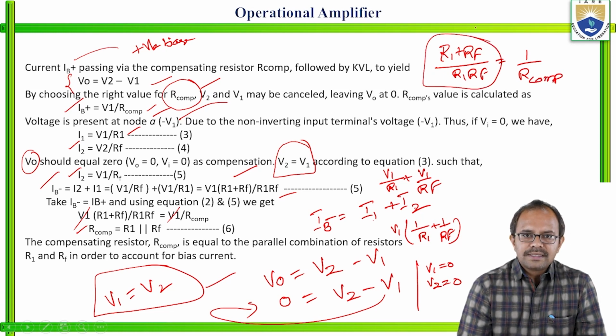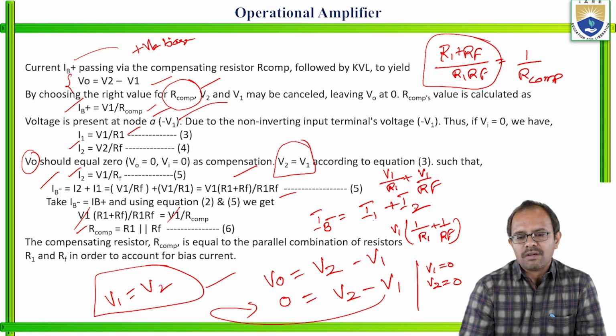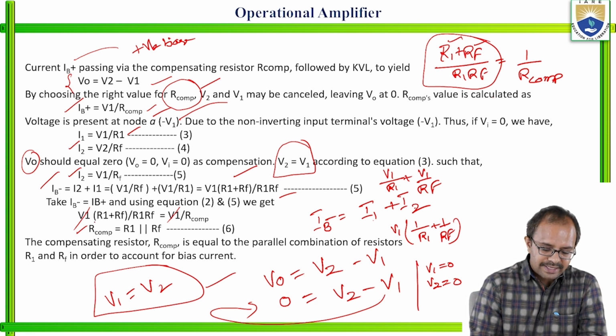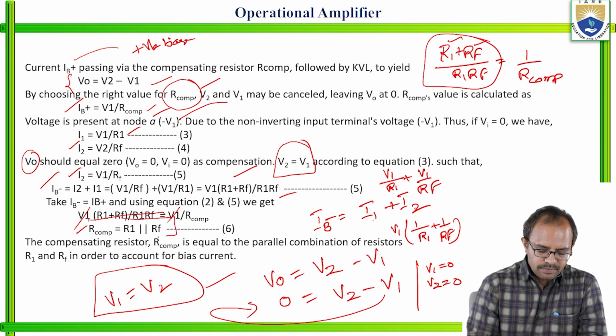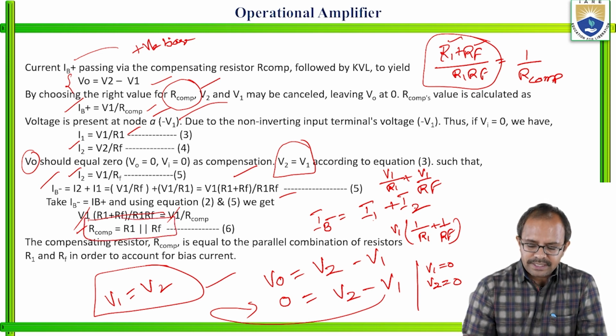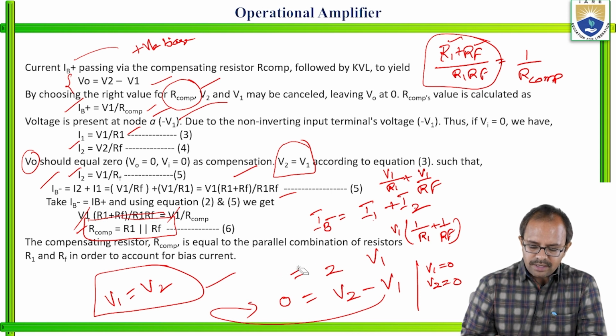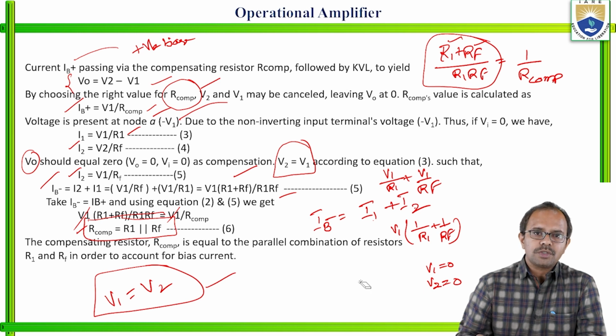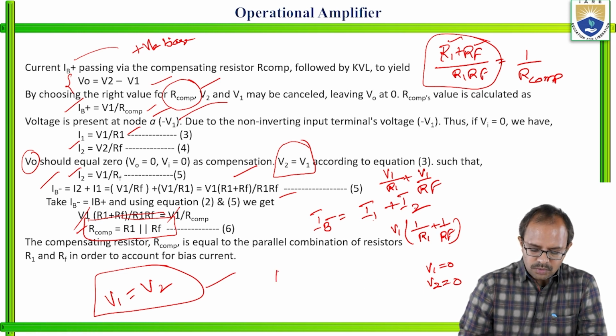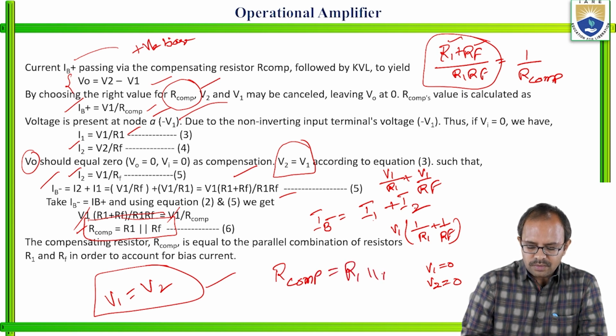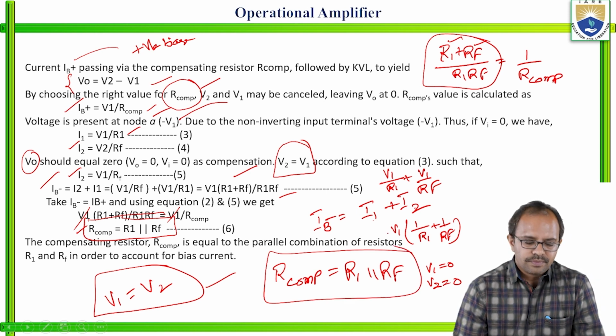If you remember, this forms the parallel combination of R1 and RF. So what is the design value of the compensating resistance? The design value of our compensating resistance here is the parallel combination of the two resistors: RC equals R1 parallel to RF. This happened with an assumption of VA equal to 0, right?